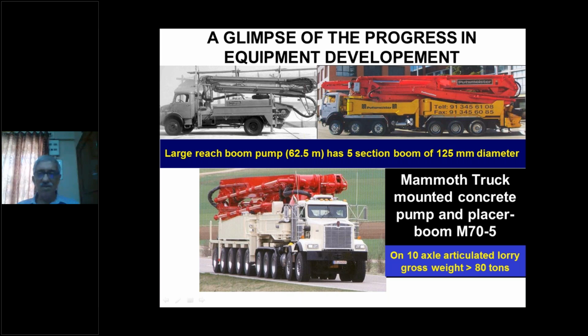And hence, they were not used in Germany anymore. Of the two equipments produced in Germany, one was sent to Saudi Arabia and the other went to Greece in Europe, where the rules were less stringent and speed limits were specified for the cars on the adjoining road. So it is very, very important to plan things. However, I was surprised that again in Germany they started using a bigger version of the truck-mounted placer boom unit.